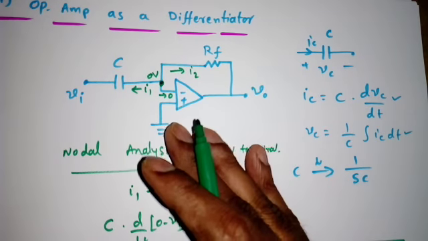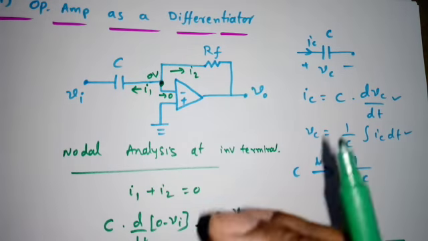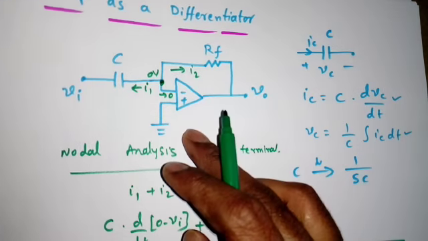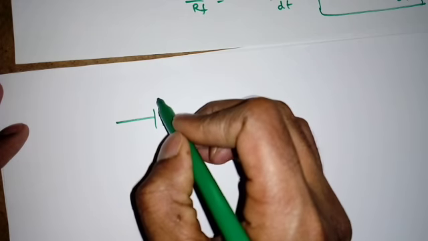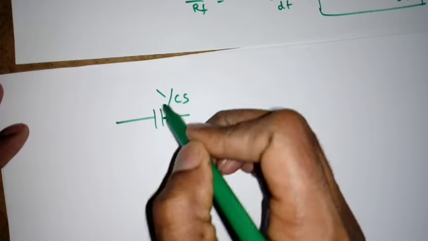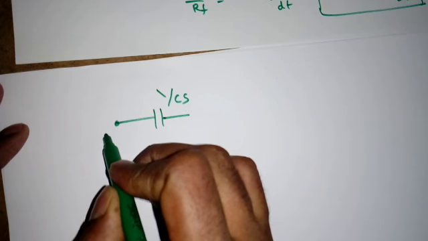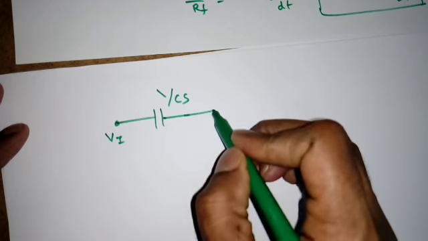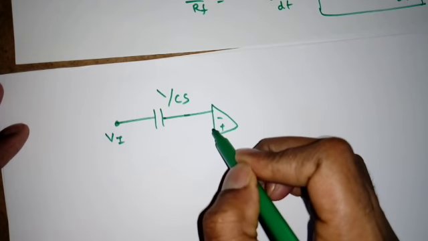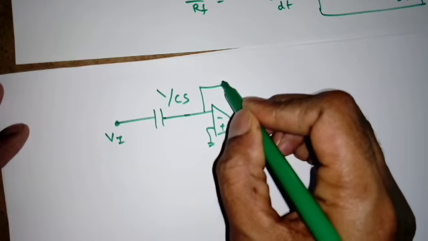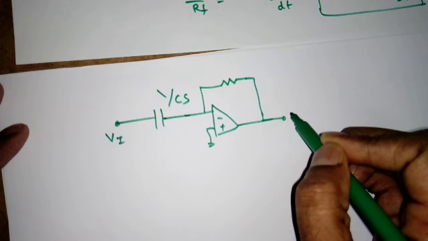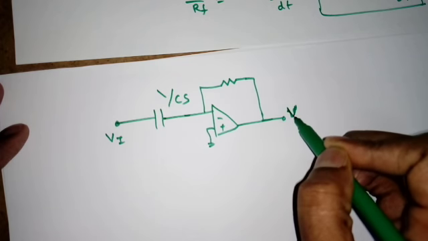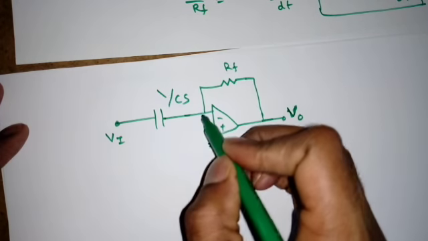Now the same analysis can be done using the Laplace domain approach, so that also I will do. Please follow carefully. When I convert into the Laplace domain, C will become 1 by Cs. So this will become capital Vi, minus, plus, this is anyway ground, RF will be RF only, this is capital V0, this is RF.